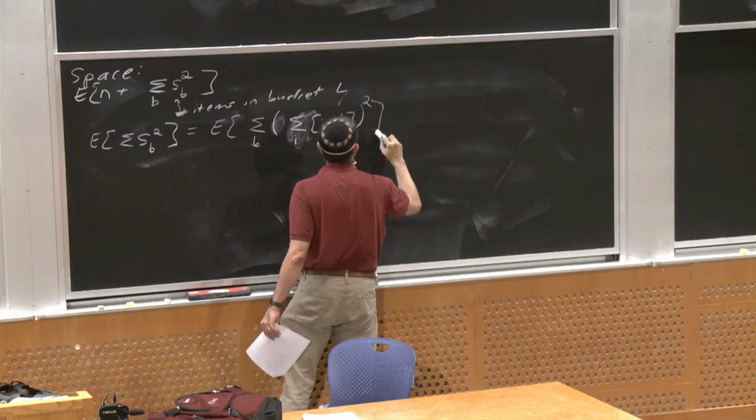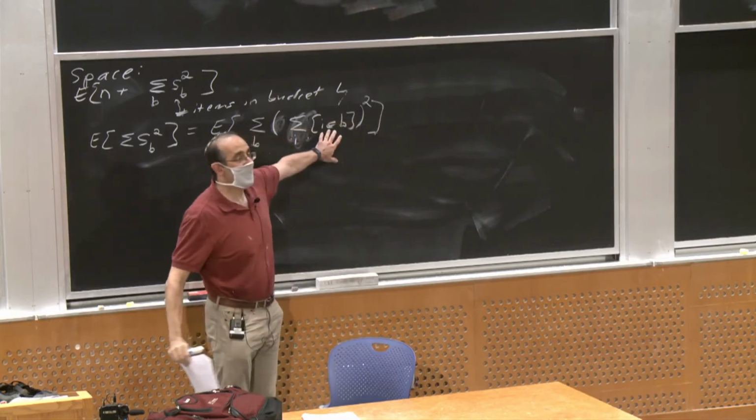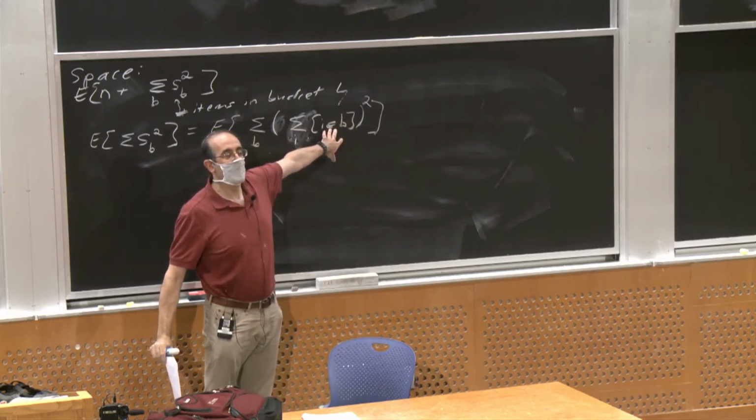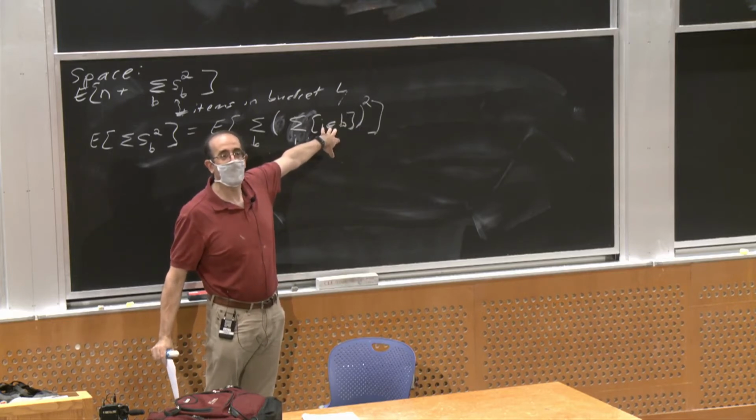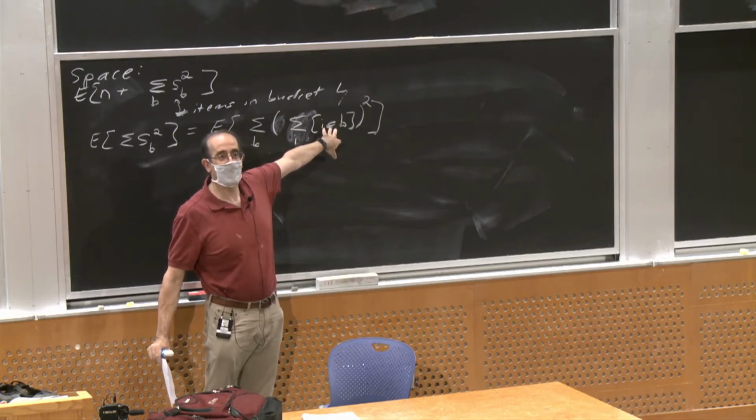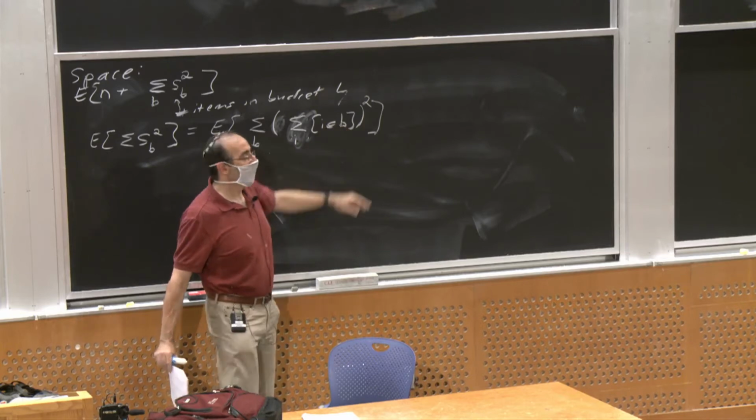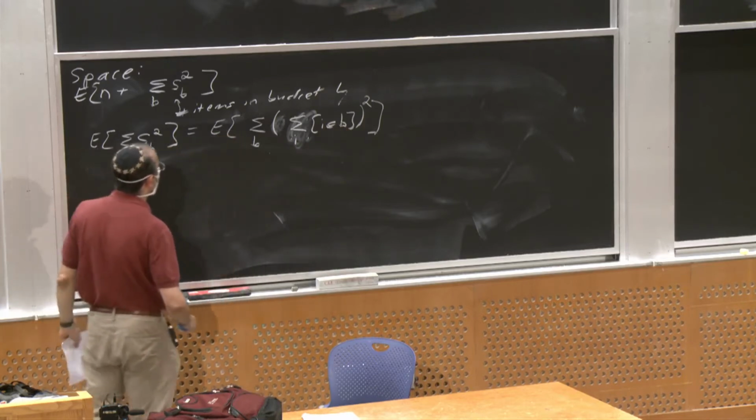And then I'm going to square that. I'm just going to be summing up the indicators for which items are in bucket B. Make sense? Okay, now how do I evaluate that?